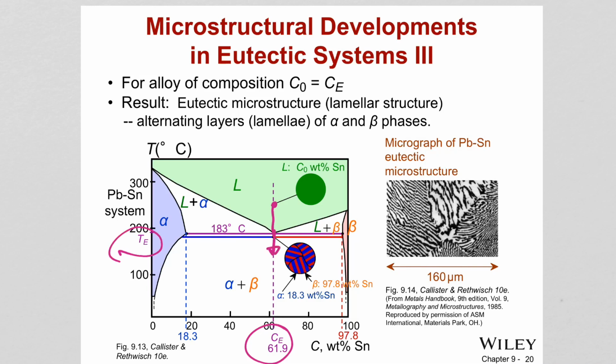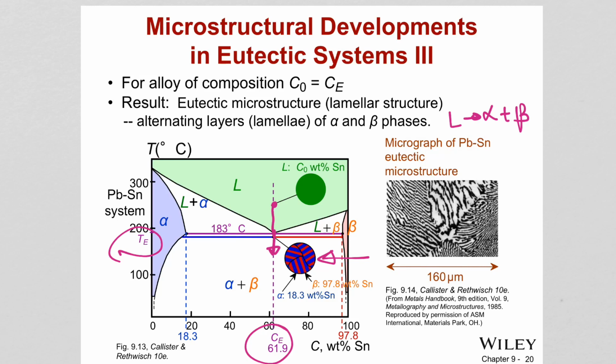When we go down, from the liquid, two solid phases form. That means you have a mixture of alpha and beta, and the eutectic structure looks like this, a lamellar structure. It is alternating layers of alpha and beta. That is how they are characterized.